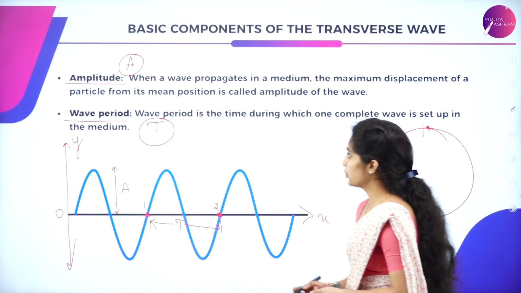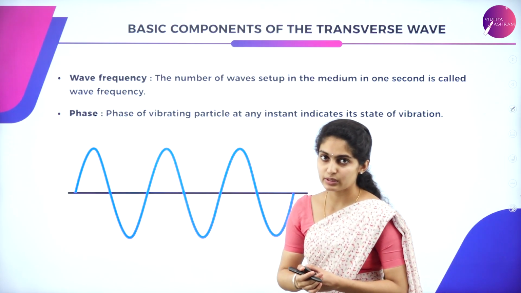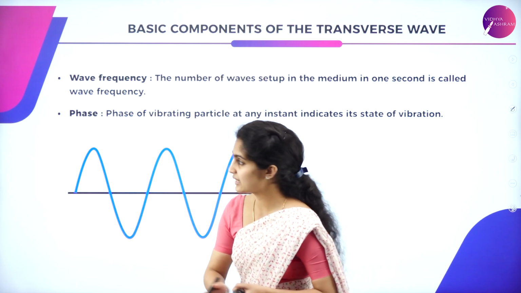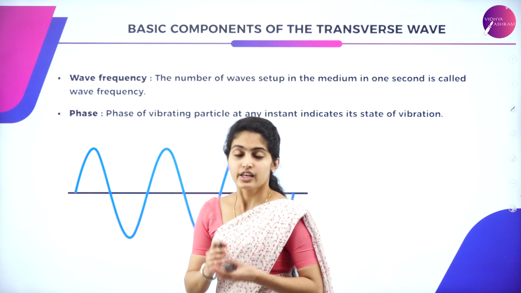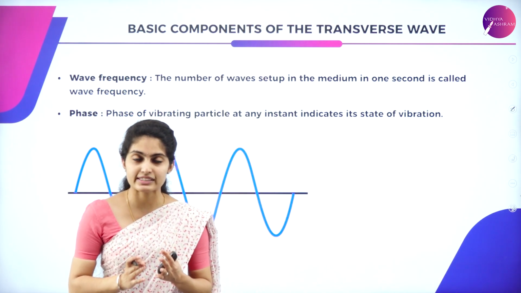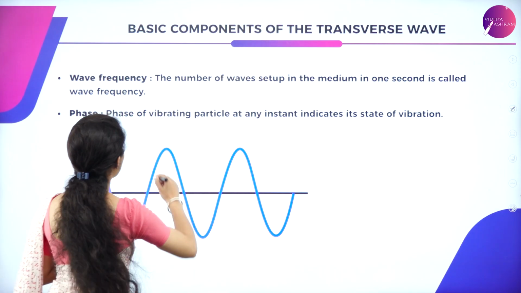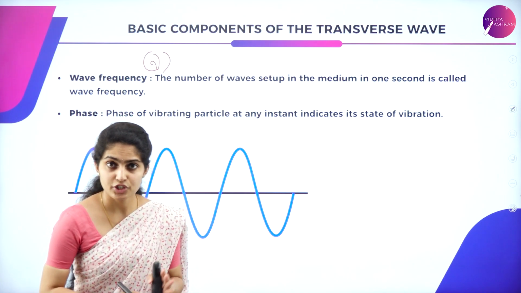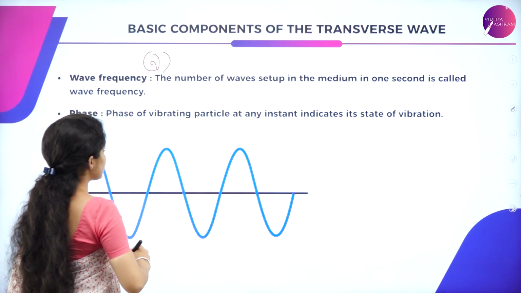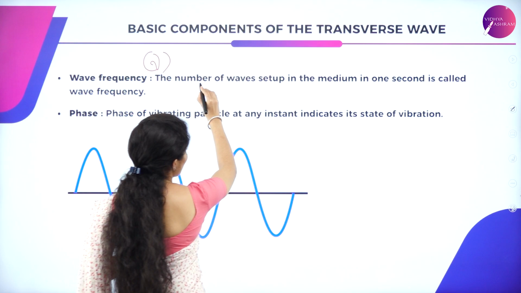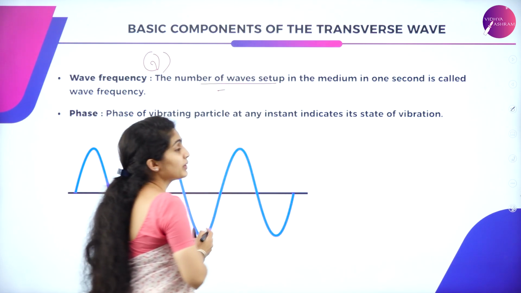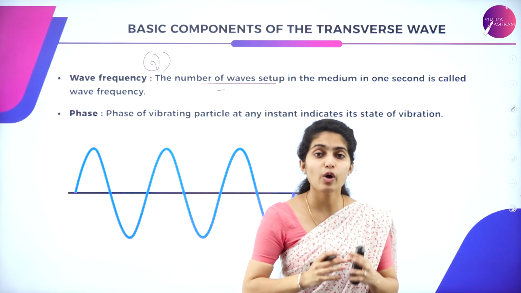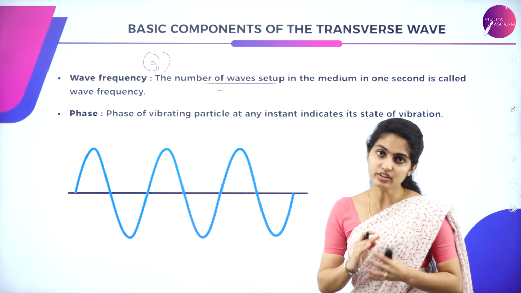Next, let us go to the basic concepts of the transverse wave. Under that are wave frequency as well as phase. What is this wave frequency, which is represented by the symbol nu? Nu is the representation of frequency. Wave frequency is the number of waves set up in a medium in 1 second. For 1 second, how many waves are set up in a medium?